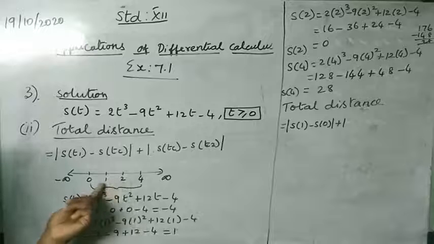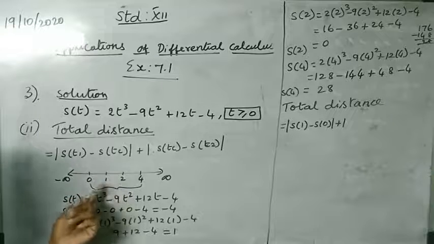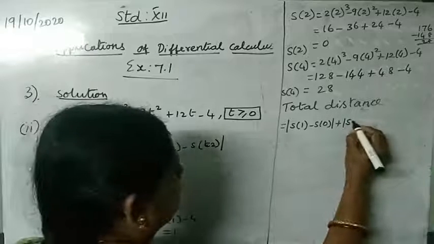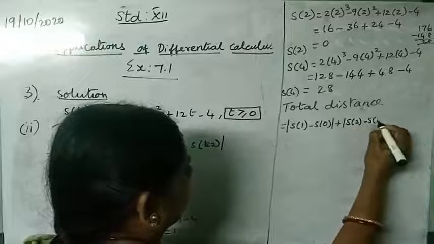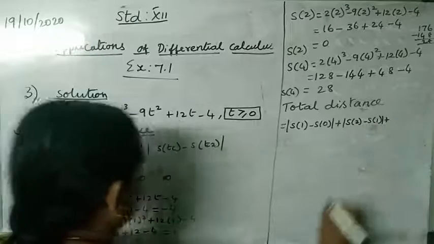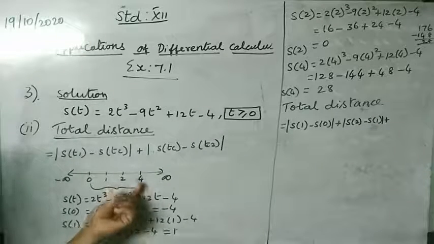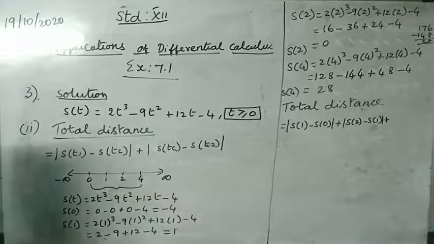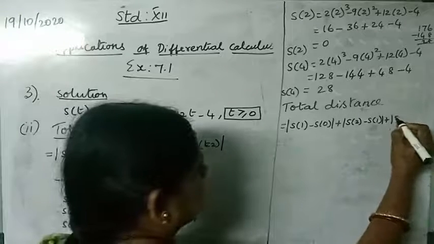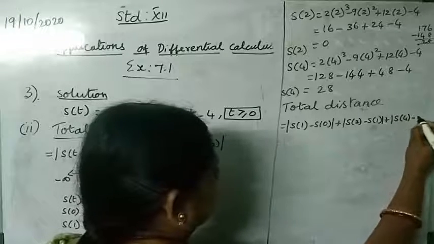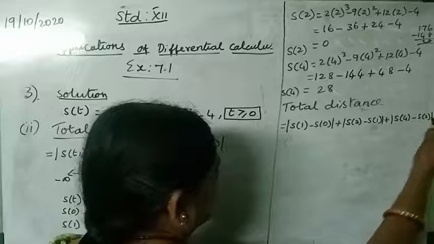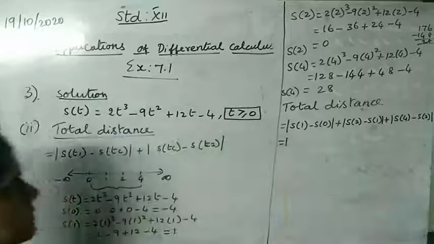Greater value is 2, smallest value is 1. So S of 2 minus S of 1. Plus the last interval is 2 and 4. Greater value is 4, smallest value is 2. So it is S of 4 minus S of 2. This is the formula. Now apply all the values.